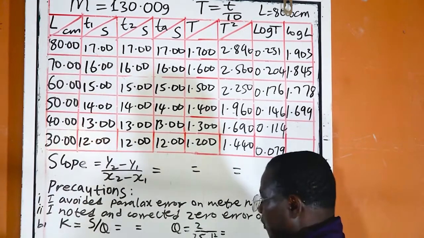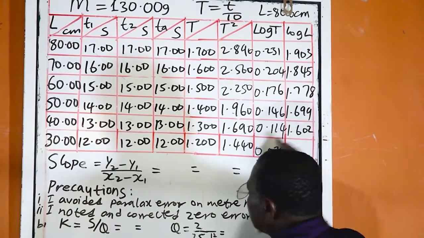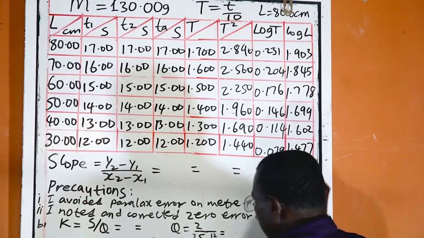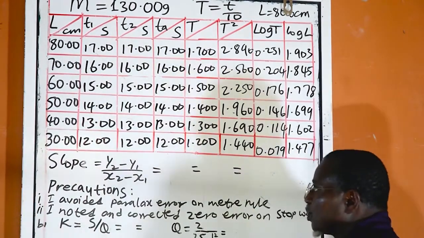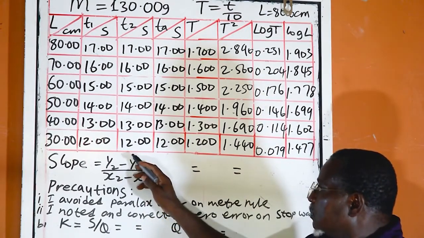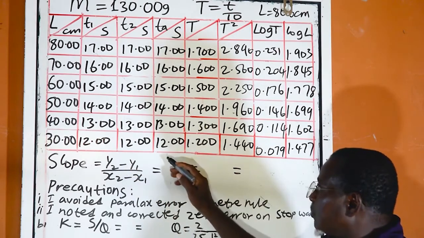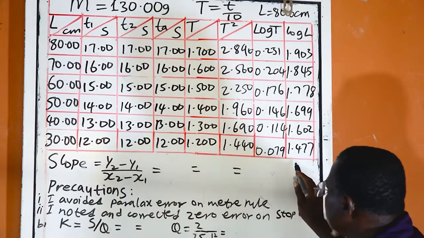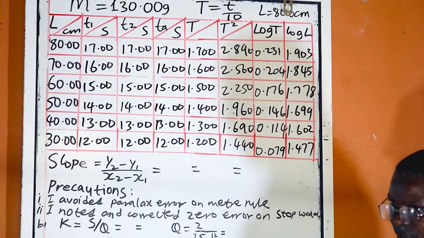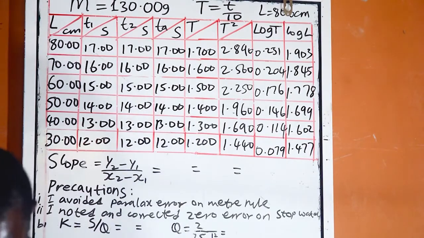Log of 40 is 1.602. Log of 30 is 1.477. Meanwhile, if you get values less than around 9, 8, or 7 for this average, you are going to get a negative value for T, and it will be reflected in the graph.